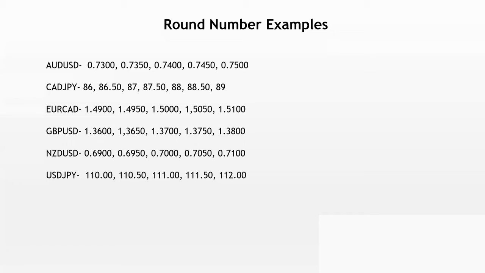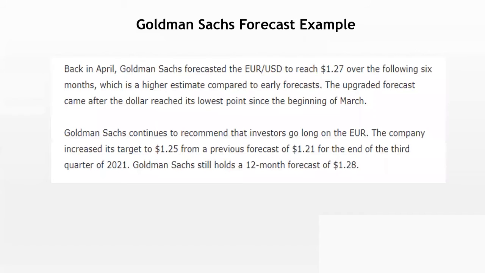So now we're going to look at why institutions potentially use these levels. So what I'm going to get up on the screen now, guys, is an example of a Goldman Sachs forecast for Euro USD. Back in April, Goldman Sachs forecasted Euro USD to reach 1.27 over the following 6 months, which is a higher estimate compared to the earlier forecast.